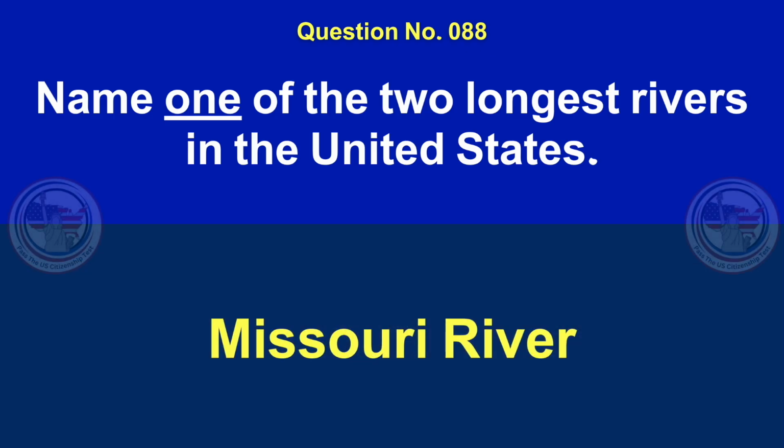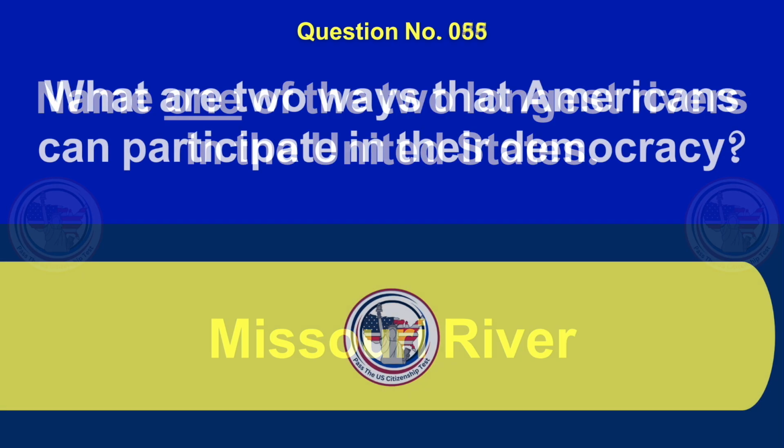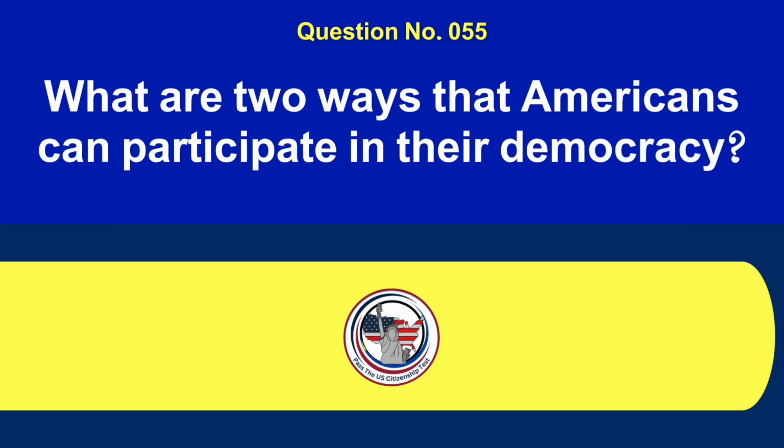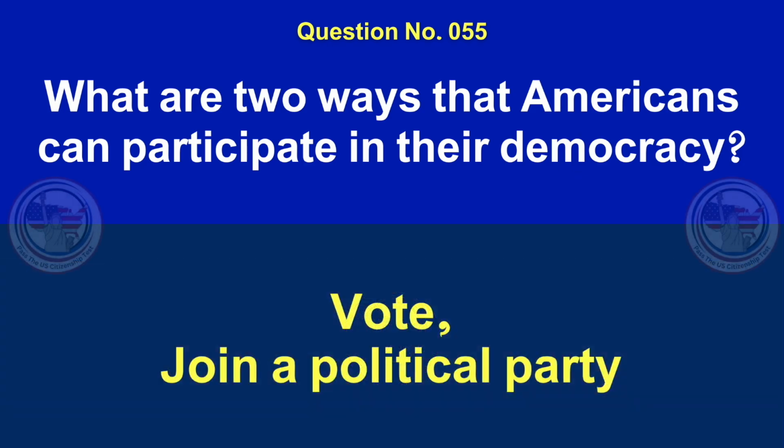Missouri River. What are two ways that Americans can participate in their democracy? Vote. Join a political party.